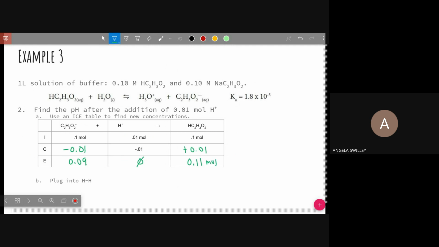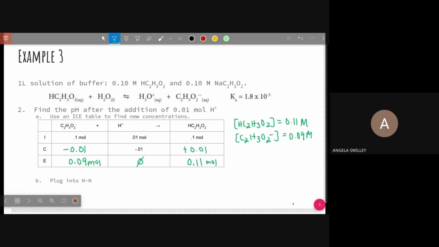Now remember, these are in moles, not concentration, but our solution is 1 liter, so that's going to be divided by 1 to get our concentration. So I like to always put over here to remind myself the concentration of the acetic acid in this case is 0.11 molar. The concentration of my conjugate base is 0.09 molar.